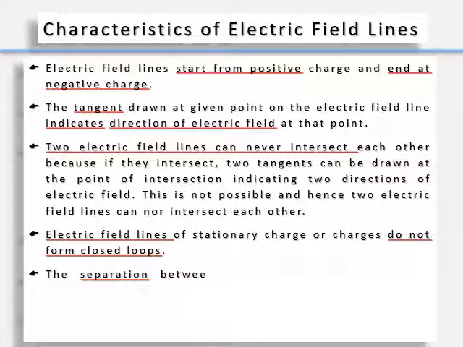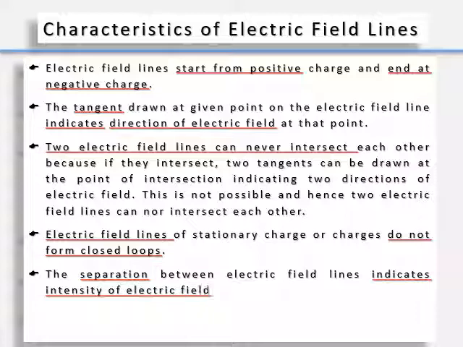And by looking at the distance between electric field lines, we can represent the intensity of the electric field. If the separation between the lines is more, we can say that the electric field is feeble, the electric field is weak. And if field lines are very close to each other, we can say that the electric field is strong, the intensity of the electric field is more.